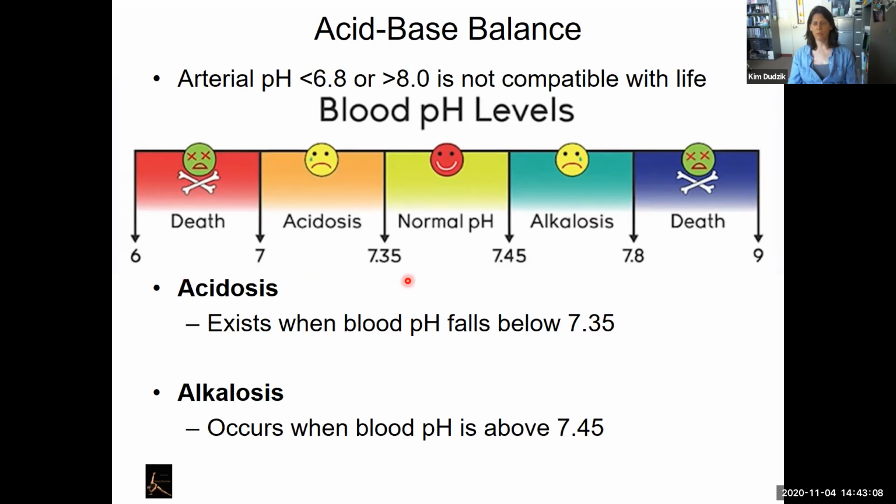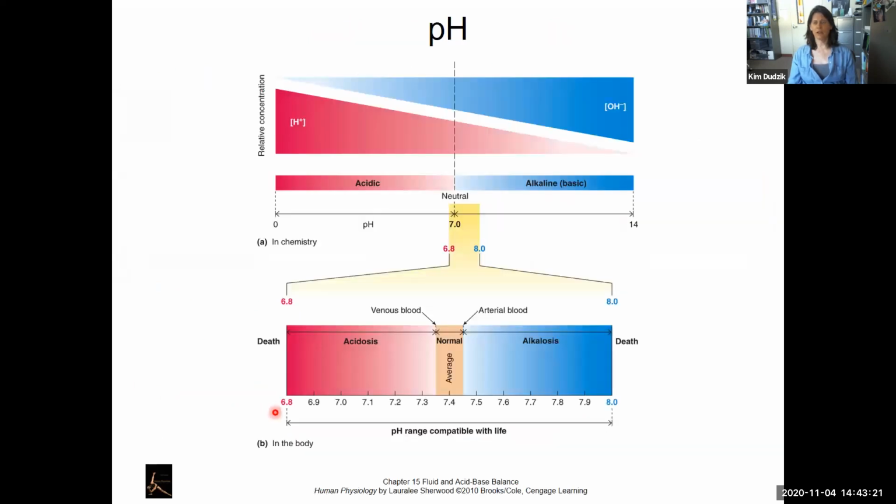So again, normal blood pH 7.35 to 7.45. That's the range that we homeostatically control pH in. Okay. This is just another picture of the pH scale if you like this one. So here it's showing the entire pH scale from 0 to 14, and that neutral is 7, and that our blood pH is 7.35 to 7.45, right?